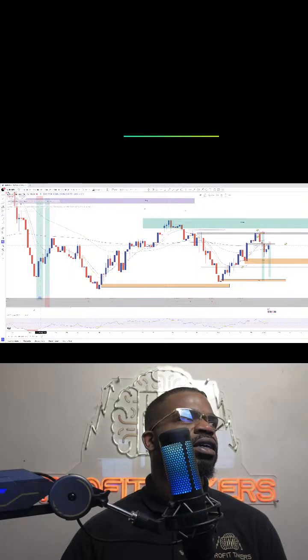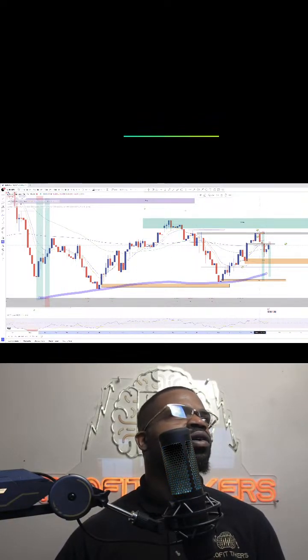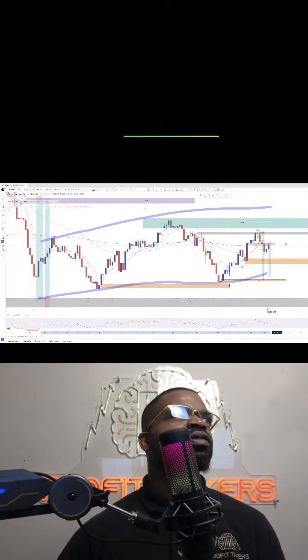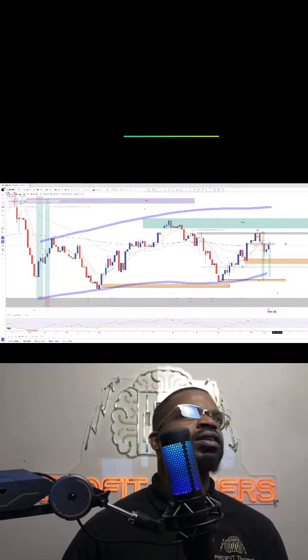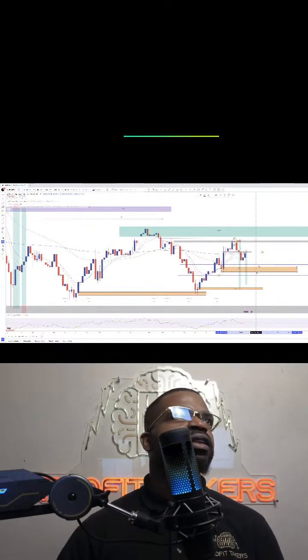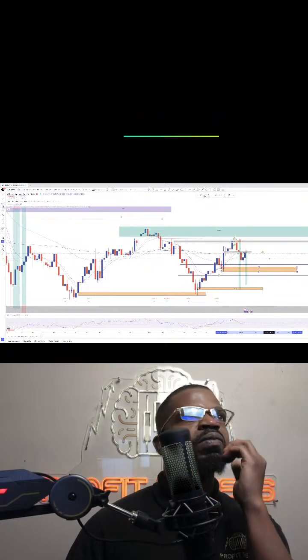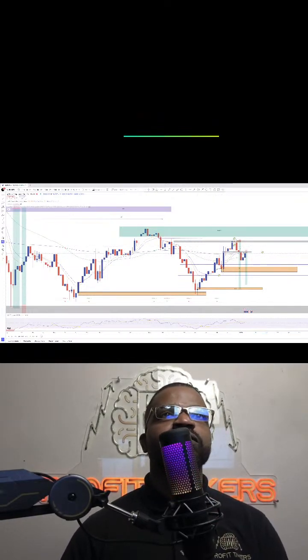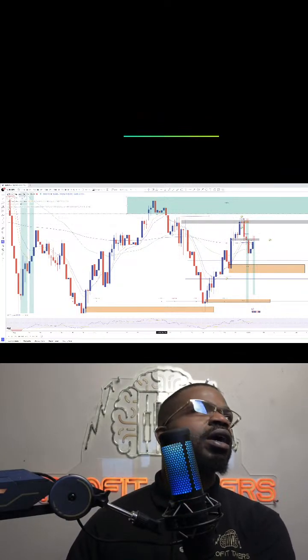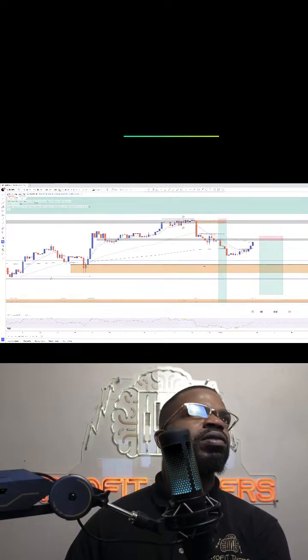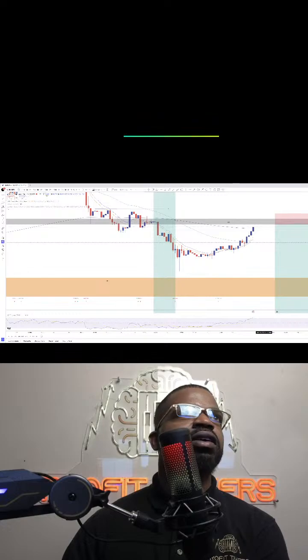Here we go. Or is this entire move just a bear flag? Yep, that's what we want to figure out. So let's set some alerts right here at this area.